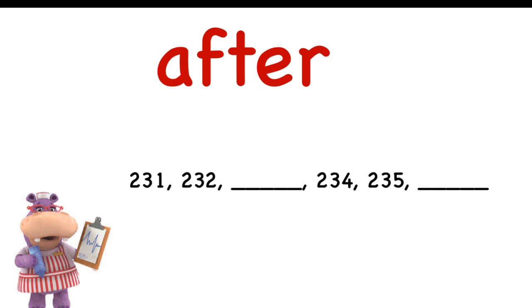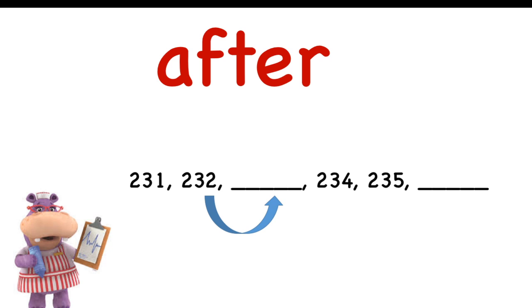What does after mean? After means the next number, the number that follows. So after means the next. You have 232. The number that is after is the next number.